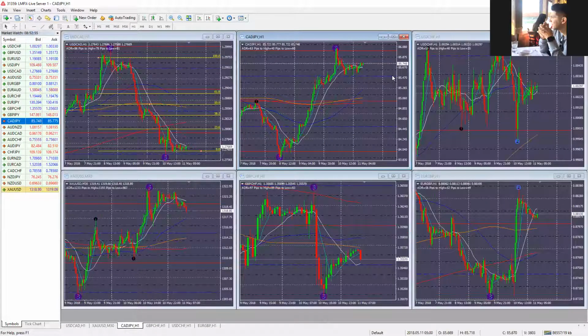That would mean CAD is getting weaker, which would make this rise up for USD CAD. So it's at resistance level. If it's reversing here, that means CAD's getting weaker. And if it rises here, that means CAD's showing that it's getting weaker and USD is getting strong, bringing the price up.